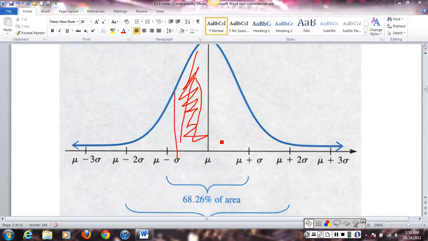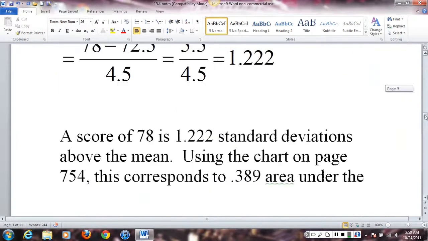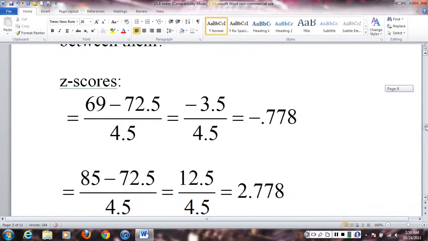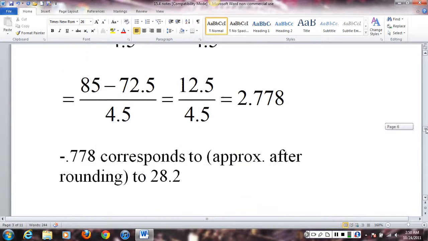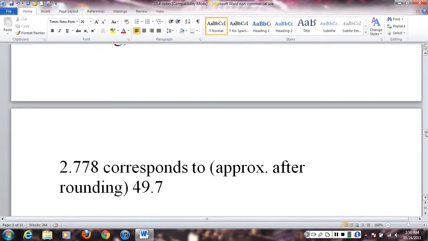That's what it's telling us. And I remind you that it's based off the mean value, not an overall thing. That's going to help us solve these problems. And our 2.778 corresponds to about 49.7% of the data.